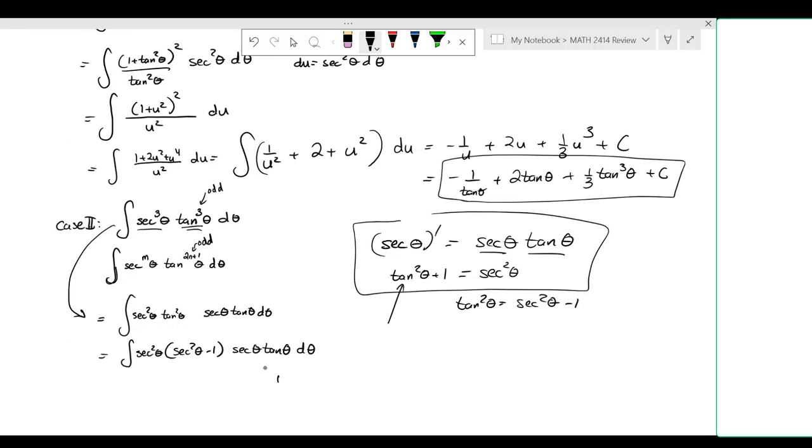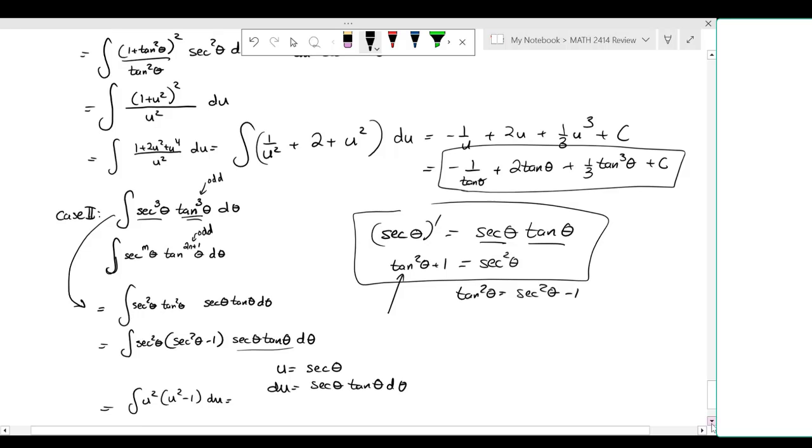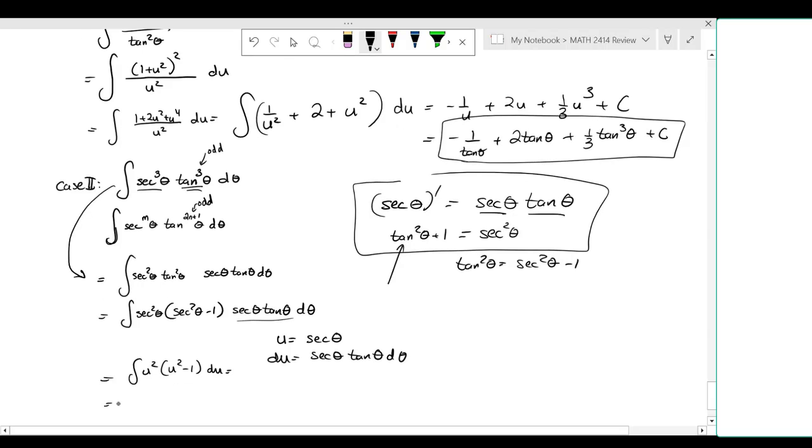All right, now we do the substitution that we anticipate. U is secant. So our integral becomes secant squared minus 1, and then this is du. So that's a polynomial that we know how to integrate.